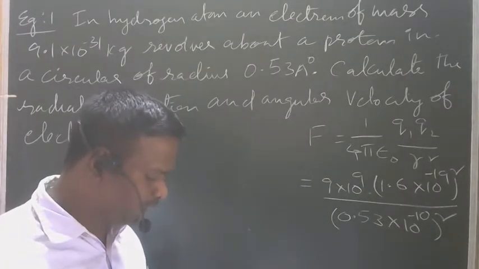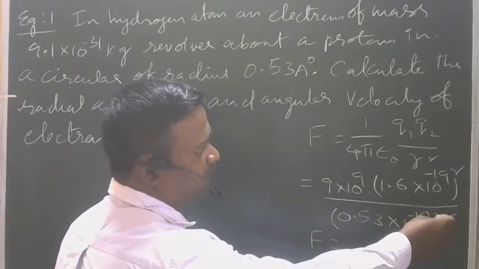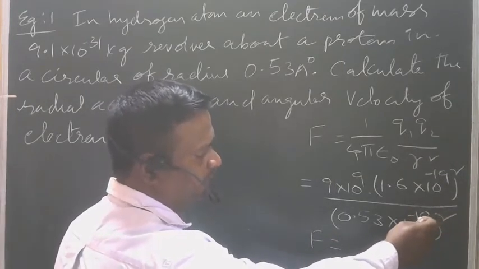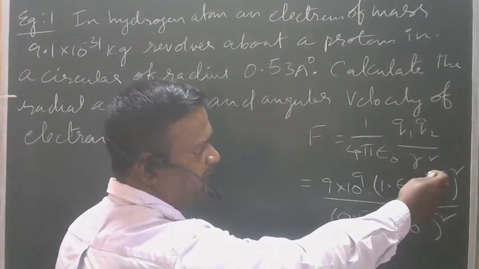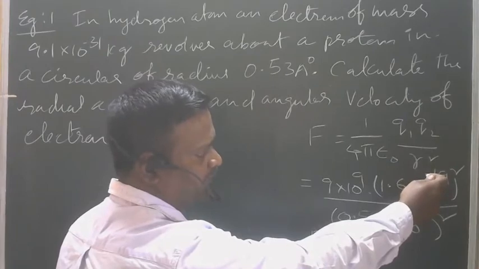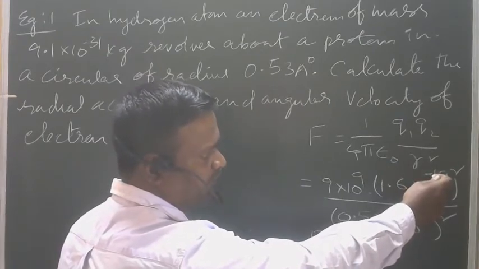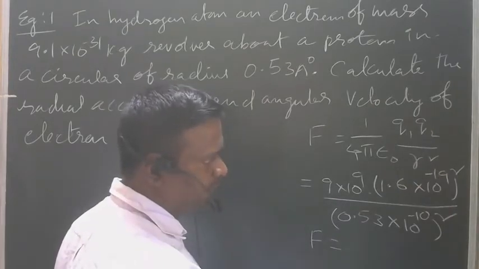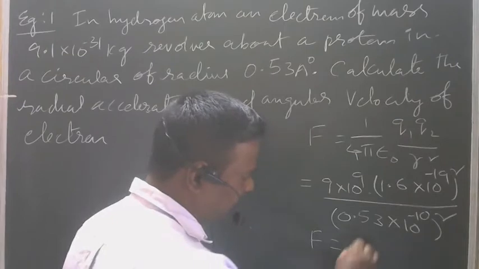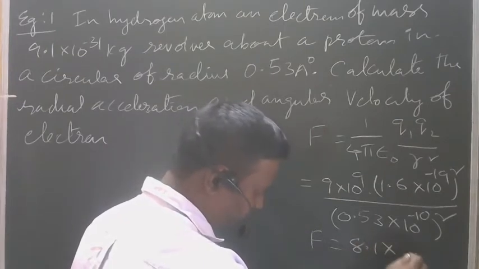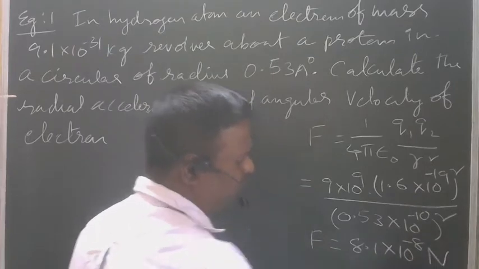If you calculate the final force, 10^9 times 1.6 squared times 10^-38, divided by the radius squared, finally you will get 8.1 × 10^-8 newtons. Force is measured in newtons.